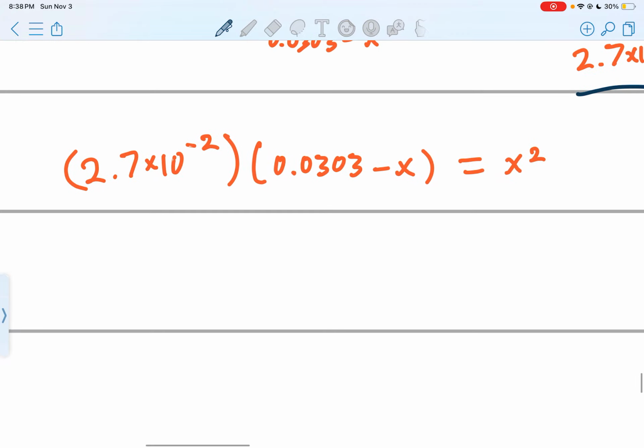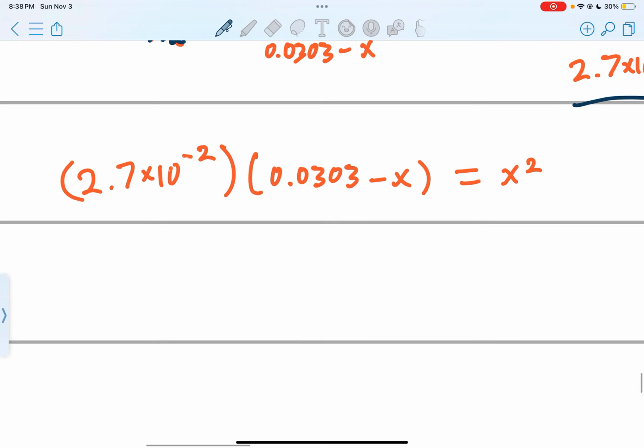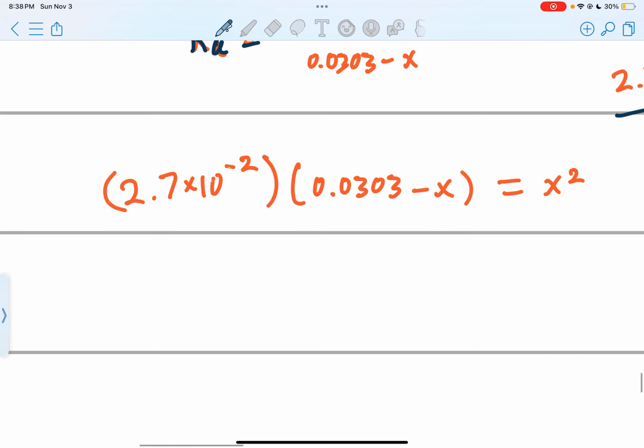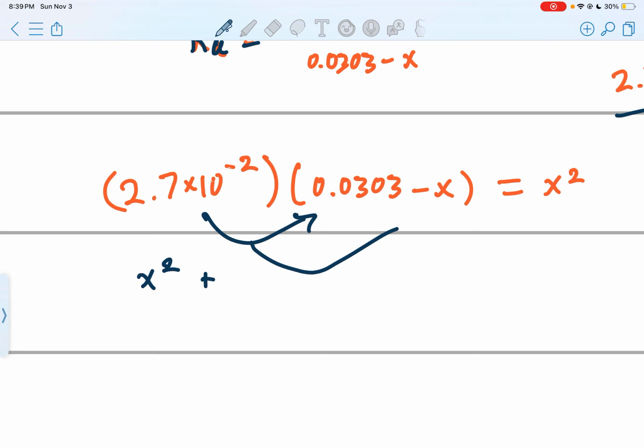So we first have to set our calculator into quadratic mode. There are instructions for it on the slideshow. I'm not going to do it here. But here we have x squared plus, and then we're going to distribute this term into the brackets, right?